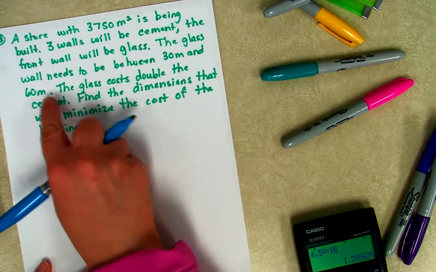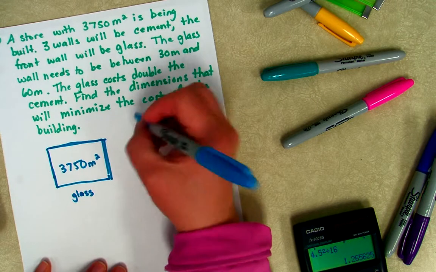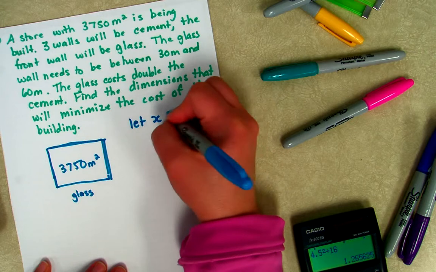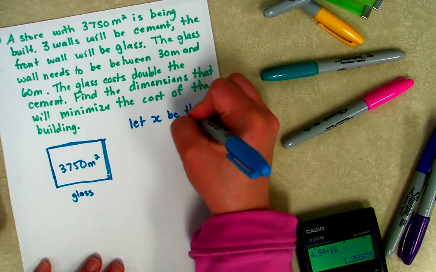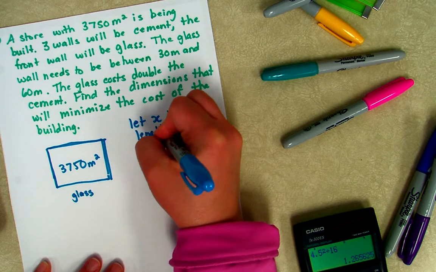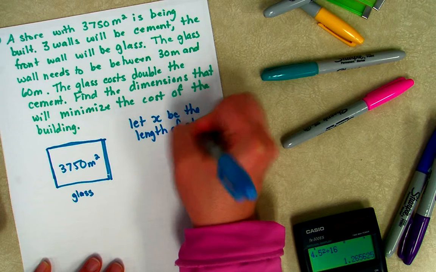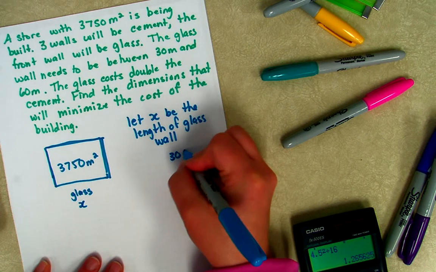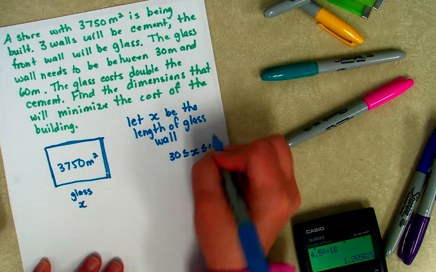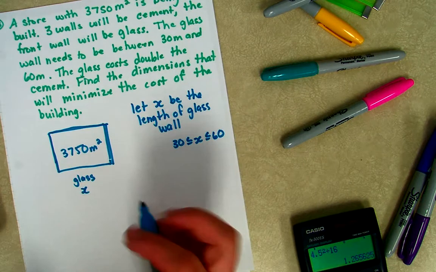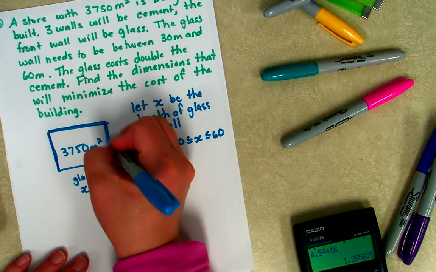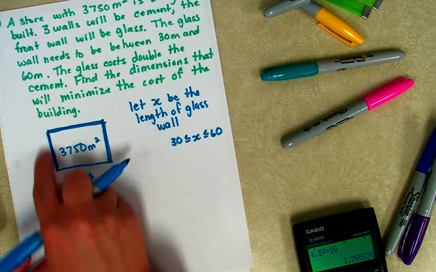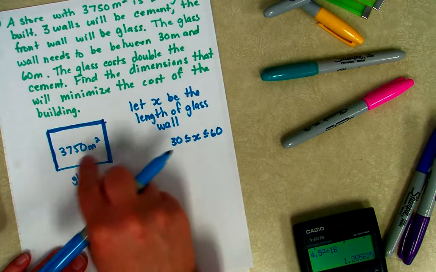So because the glass wall has to be between 30 and 60, I'm going to let X be the length of the glass wall. So this is going to be X. And right away I know 30 is less than or equal to X is less than or equal to 60. They gave me that in the question. But now I want a way to figure out the length of those.